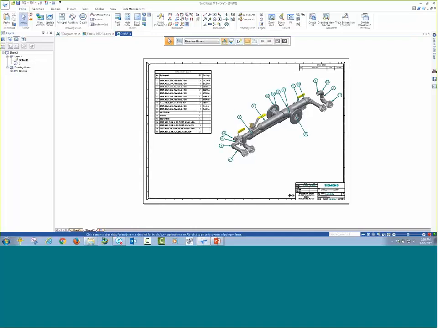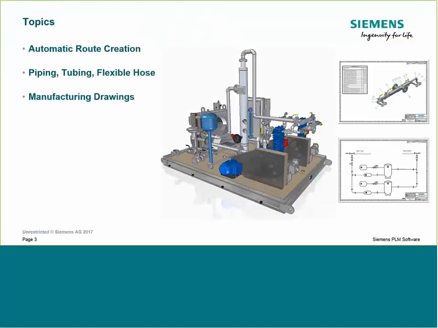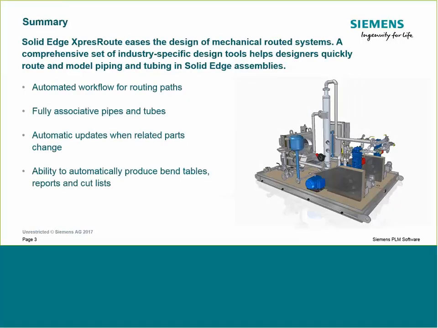So we're right there at the half hour. I'll go through and do a quick summary for you. Hopefully you saw within the webinar how easy it is to connect your mechanical systems with routing capabilities, with piping, with tubing, with flexible hoses, and how automated that workflow is. We did want to mention too, the pipes and the tubes are fully associative to the components that they're connected with.